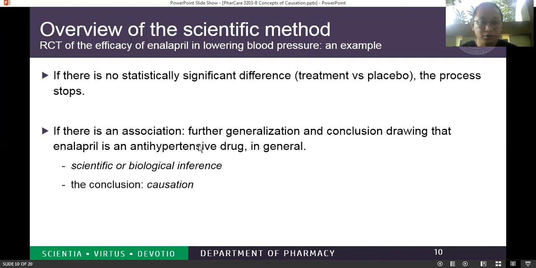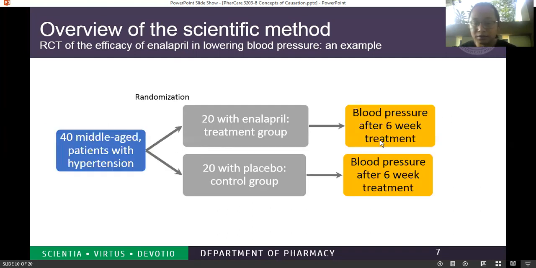So like what I said before, by the end of the study period, we want to know whether the treatment group is better than the control group in terms of lowering the blood pressure. Using this kind of design, we can control the factors that may affect the blood pressure.